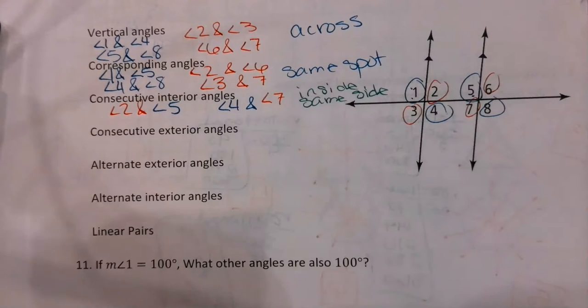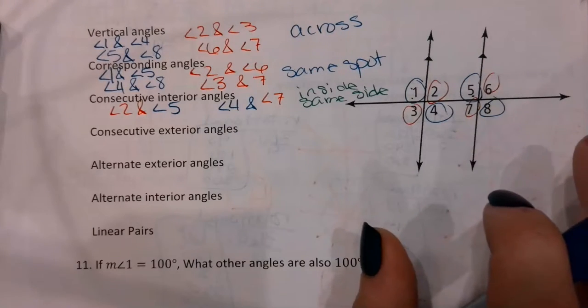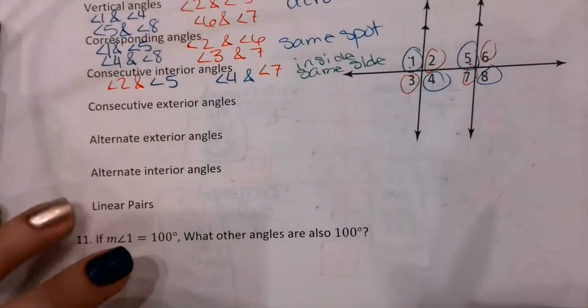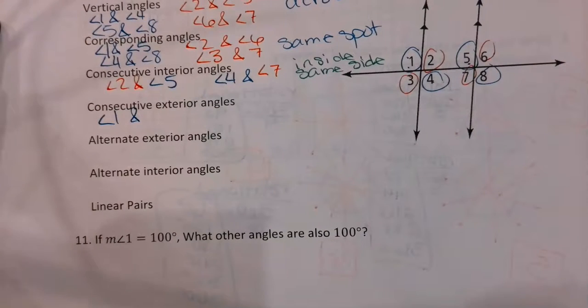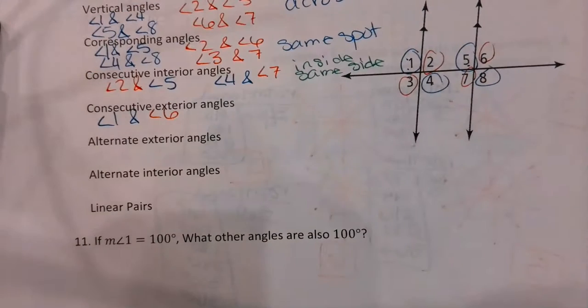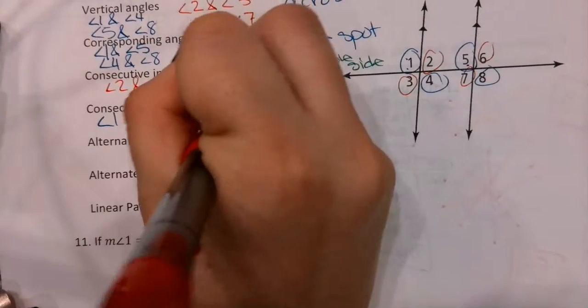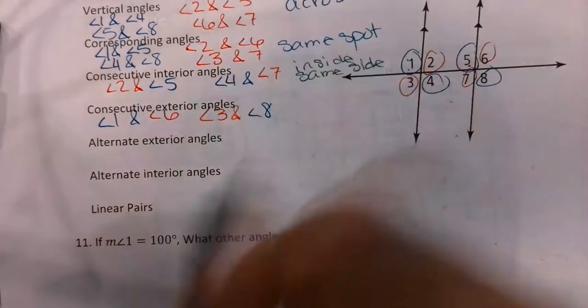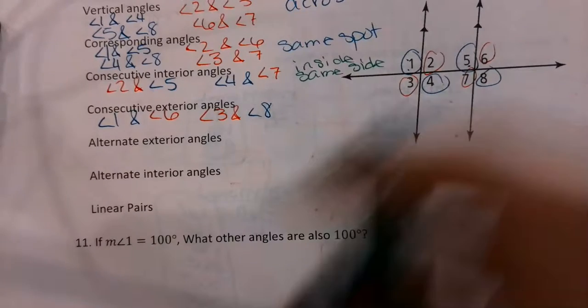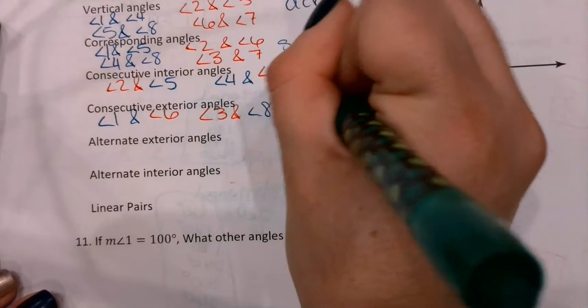Consecutive exteriors is outside, same side. So I have 1 and 6. And 3 and 8. So those ones are outside, same side.